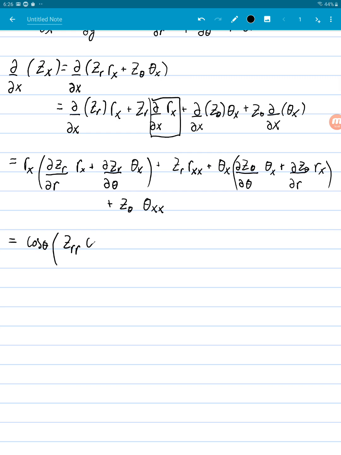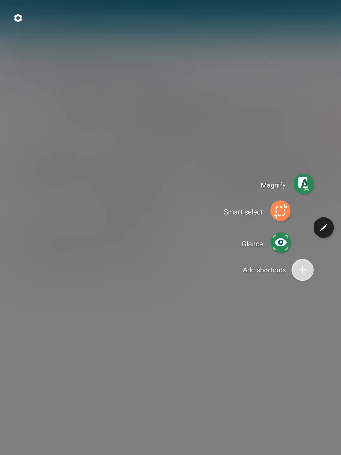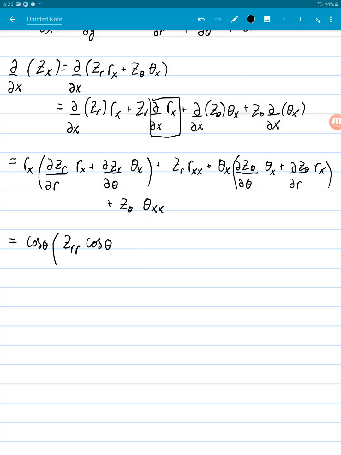Then we have times cos theta from that r sub x there. And we have plus zr theta, a mixed partial derivative, times theta x, where theta x was negative sine theta over r. So I'm just going to correct this. So that'll be minus zr theta times sine theta over r.